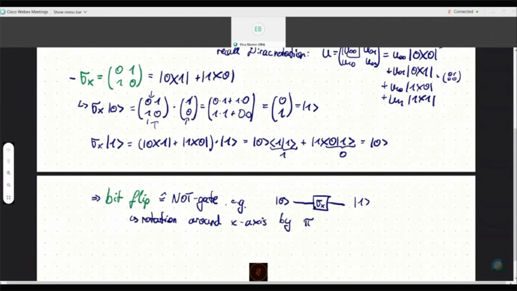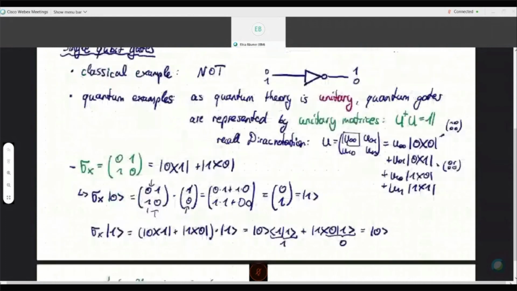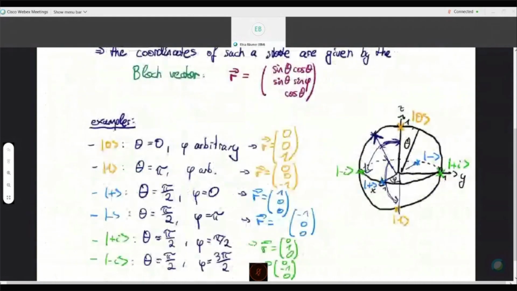So if we go back to the Bloch sphere that we had here, you can now think of it as a rotation by pi, so just halfway, by 180 degrees, around the x-axis, the axis that looks towards us. So if we are in 0, we go down this way to 1.